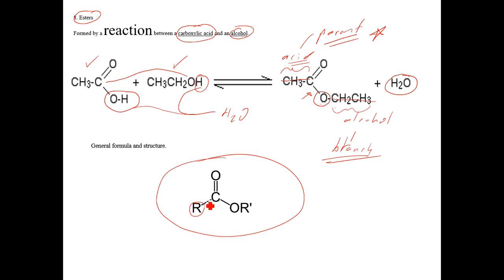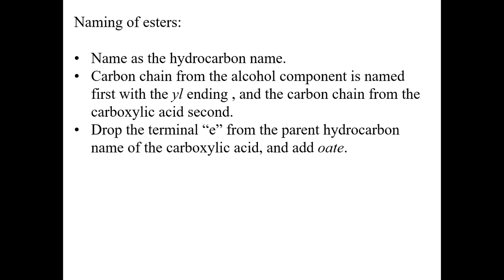So again, this is a hydrocarbon chain, this is a hydrocarbon chain, but they're interrupted with an oxygen stuck in the middle. What you are going to do is this one, you're going to name as your parent chain. This one you're going to name as your branch. The one that's connected to both the double bonded oxygen and the oxygen in the chain, that's your parent chain. The one that's only attached to the oxygen in the chain, that's going to be your branch. Let's take a look at a couple of examples here for the naming.